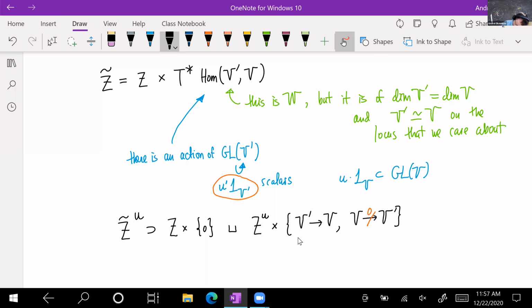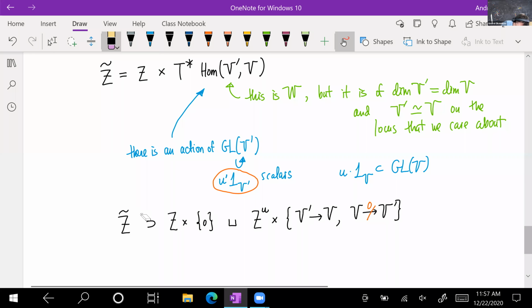That's clear, because if this is an isomorphism and I act by scalars in V prime, I can undo this by action in V. And if I take Z twiddle reduction by GL V, then this would be exactly right.